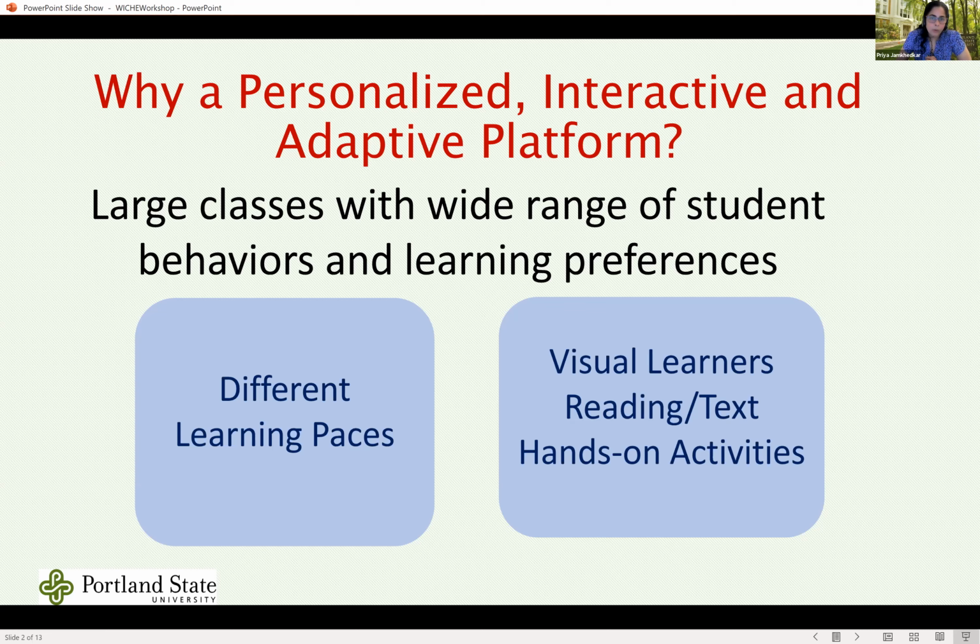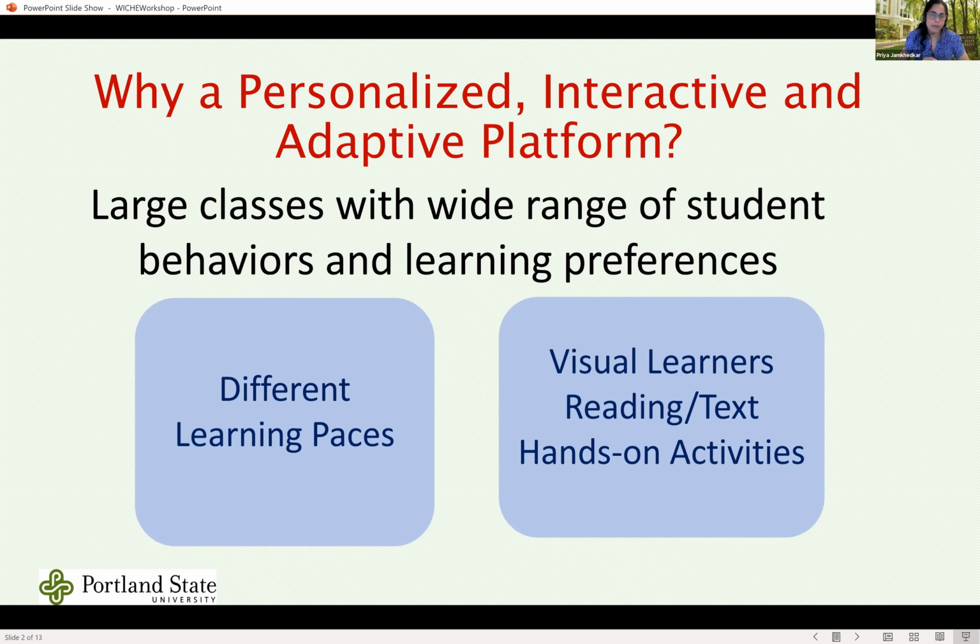And we have a wide range of students taking these classes, so that as an instructor, we are dealing with different student behaviors concerned with learning, different learning paces, different skill sets they are coming with, and also different learning preferences.